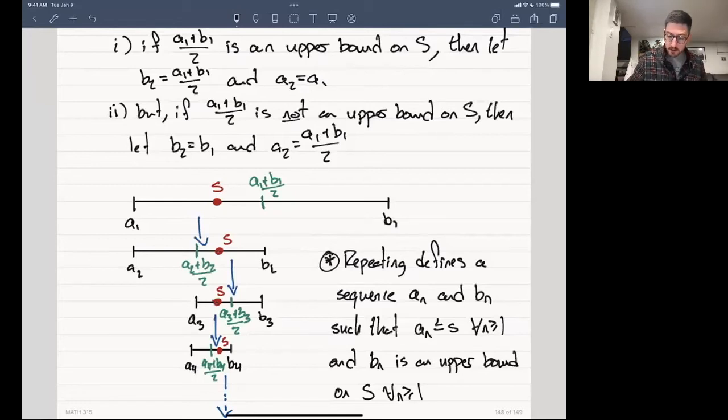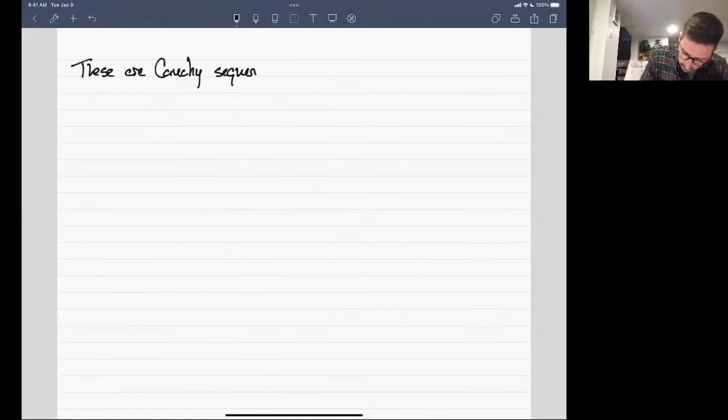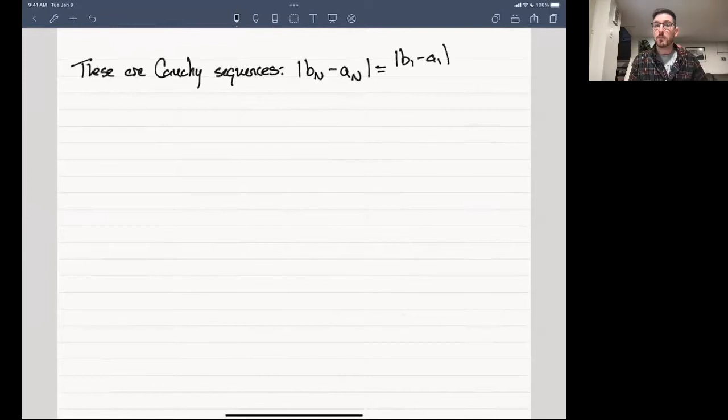Now, here's the important piece. These are actually Cauchy sequences. Why is this the case? Well, if you look at the difference between successive points, for any capital N, this is the length of the original interval, the distance from B1 to A1, and then you've halved it n minus 1 times, right?